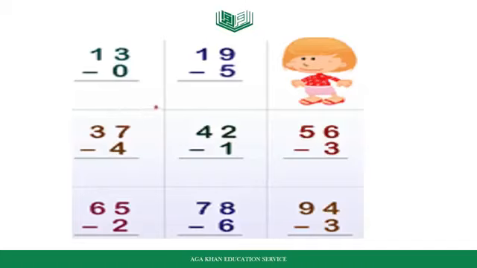I will see this worksheet in your copies. You have to follow the steps. First write the number, then put the place value ones and tens, then put the minus sign, then write the next number which you want to subtract from the bigger number, then do the sum. Okay, I am giving you 5 minutes. Let's start.